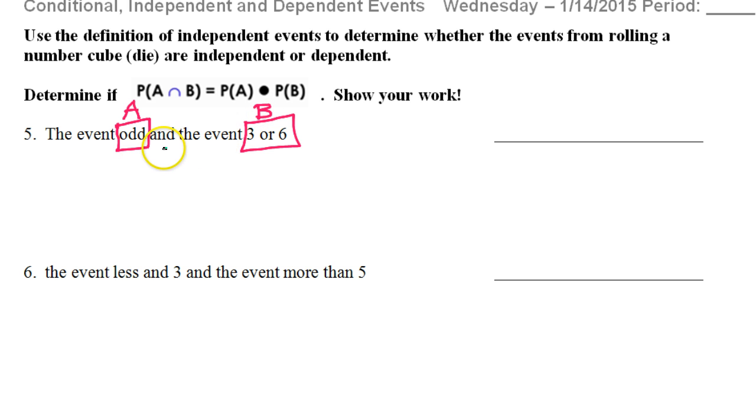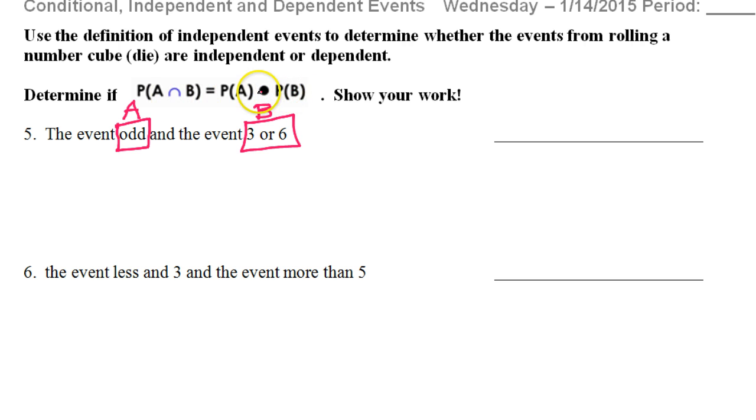So we're supposed to prove mathematically whether or not these two events are independent by checking to see if the intersection equals the product of the individual probabilities. Now that's a lot of words, but basically we're checking to see if this formula works. If it does, independent.